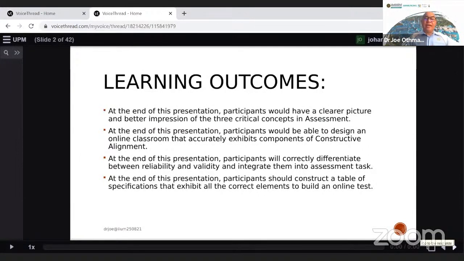The last, third topic would be trying to share with you. There are many ways to construct a table of test specifications, but I'm going to share with you some methods or steps that we in URA adhere to. So inshallah, hopefully, these three will be covered within the remaining time.